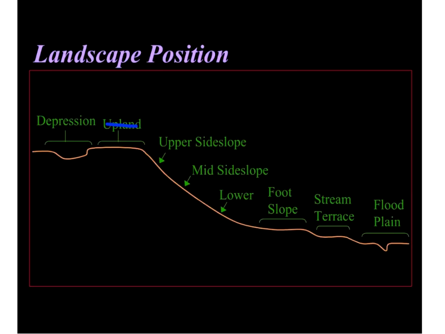This upper side slope is an ideal position, the mid slope's an ideal position. If you start getting lower down here, you'll start getting runoff, and you might have to put some diversion around the drain field so that the water coming down gets diverted. And of course the foot slope, the stream terrace and the floodplain are generally not acceptable areas.